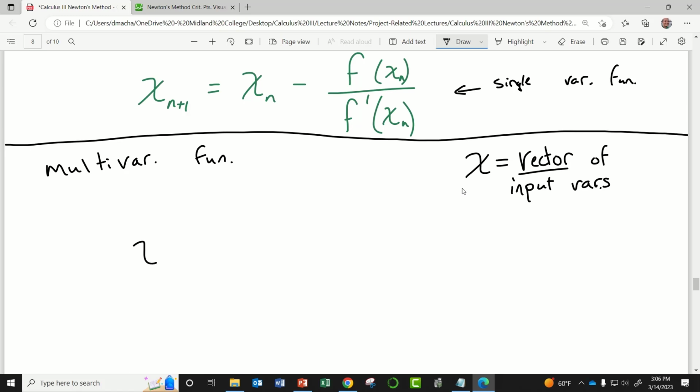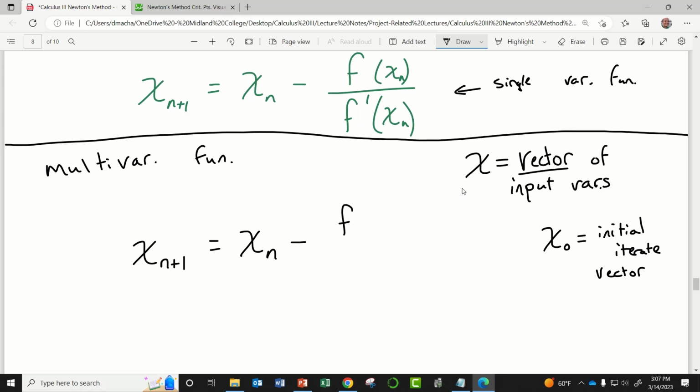And we're going to write that this vector x sub n plus 1 is going to be equal to the vector x sub n, and we're going to have to start with some initial iterate vector, minus my function evaluated at some input vector x sub n divided by the derivative of my function evaluated at some input vector x sub n.